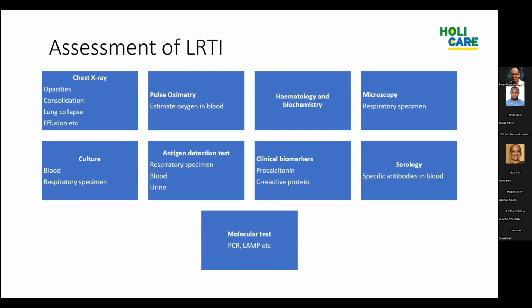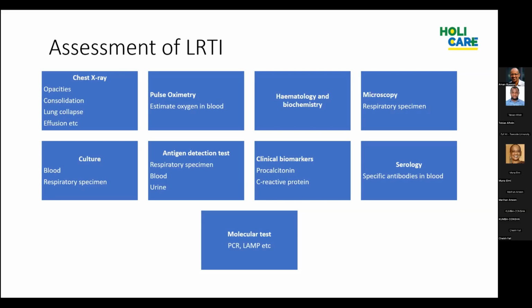And then, where it's possible, clinical biomarkers like procalcitonin and C-reactive protein are carried out, and these are used in an algorithm together with the clinical features, but also combined with X-ray and other laboratory tests to decide which organism may be causing the infection.